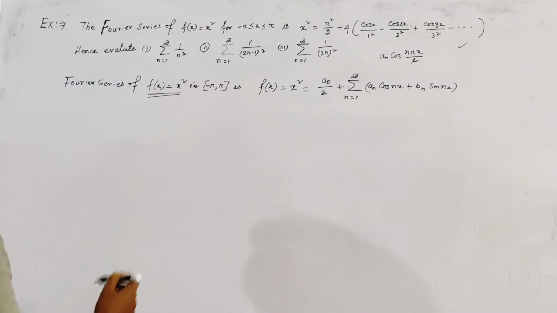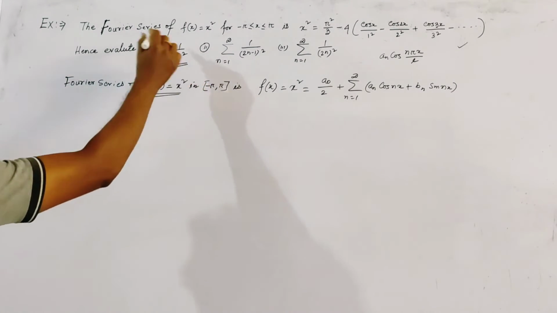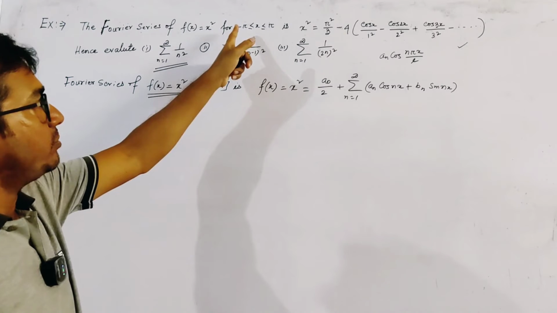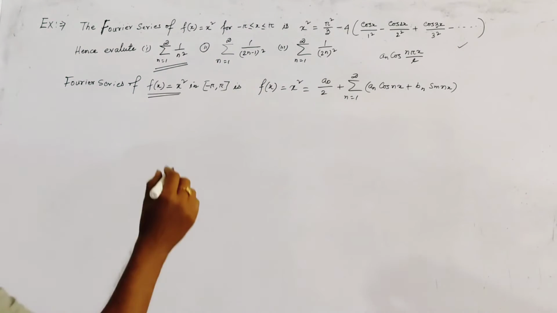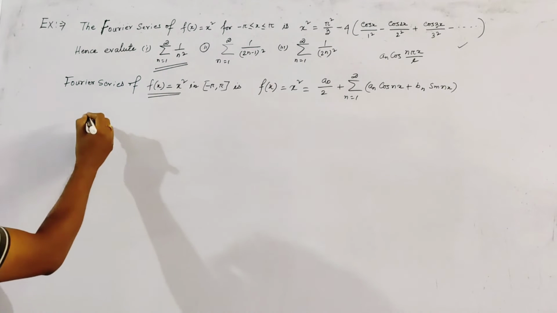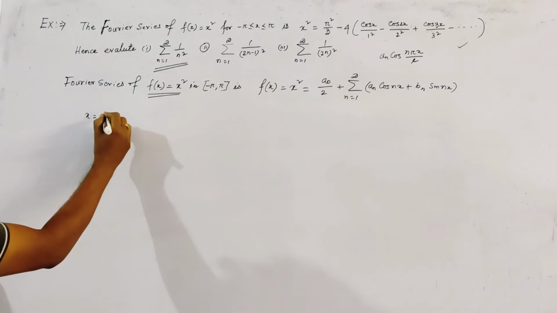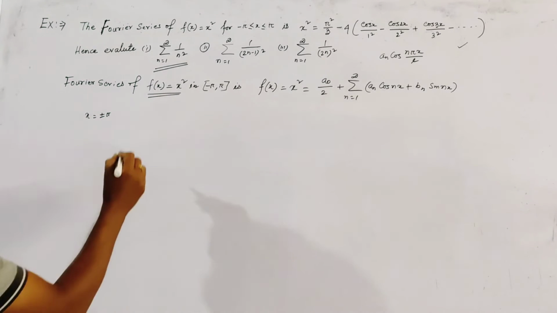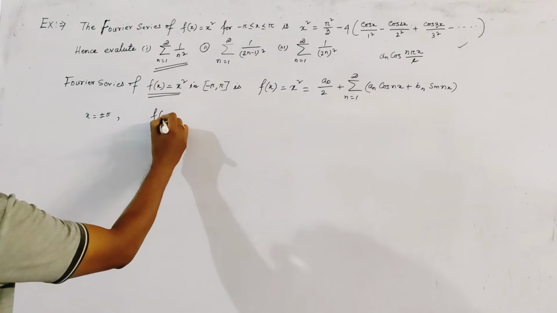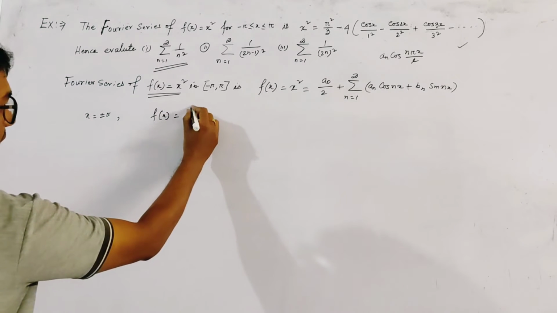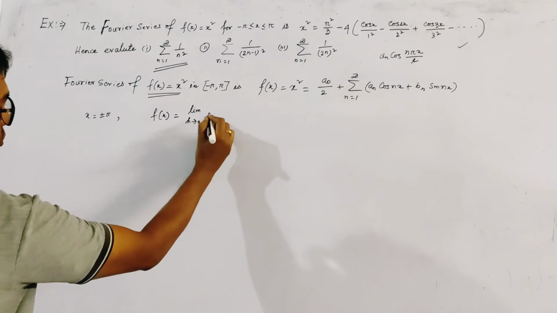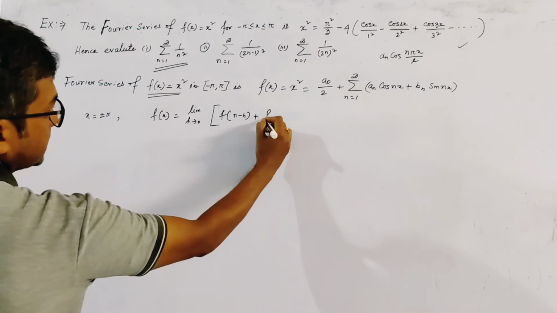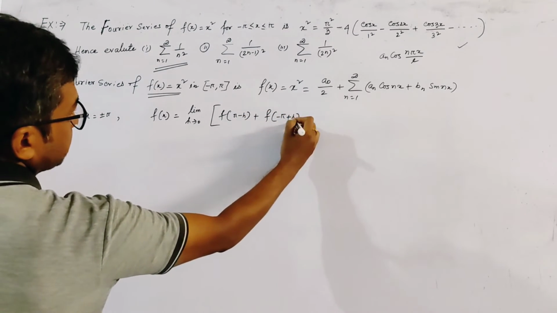Now to deduce the first result, that is the value of this infinite series, we use the endpoint, that is we use minus pi or pi. We know that for a Fourier series, if we put x equal to plus or minus pi, then we get the value of f(x), which is given by limit h tends to 0 of half of f of pi minus h plus f of minus pi plus h.